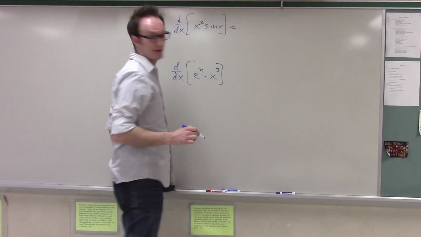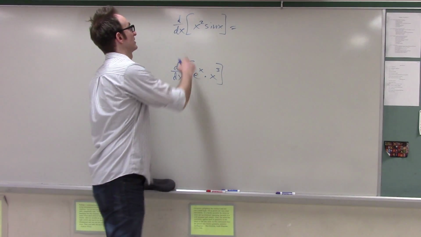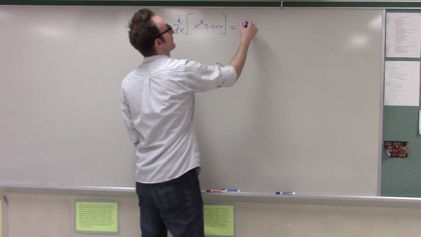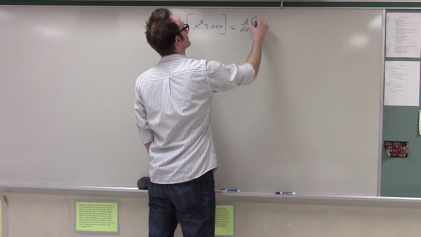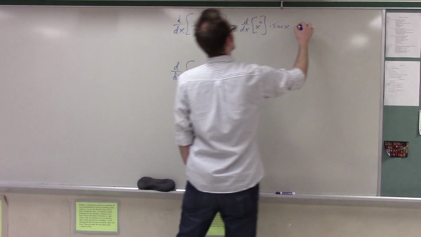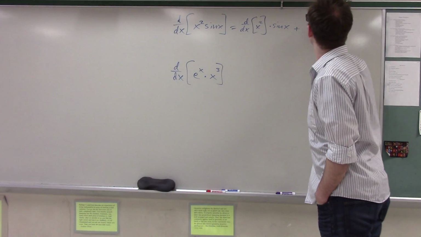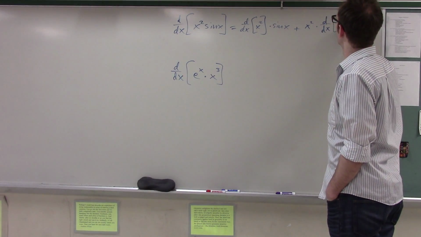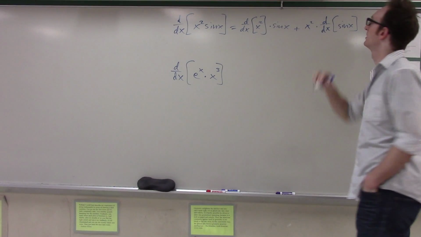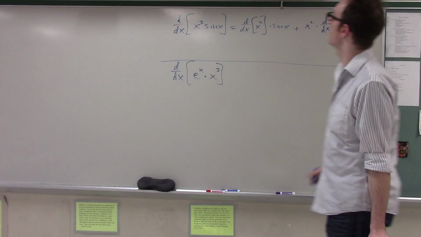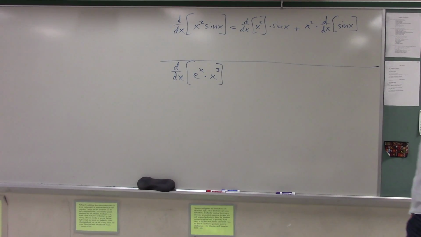So the product rule tells me that the derivative of the product of two functions is the derivative of the first times the second plus the first function times the derivative of the second. Bam. It's really easy to memorize and pretty easy to execute as well.